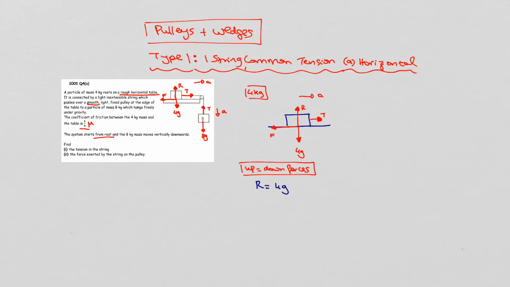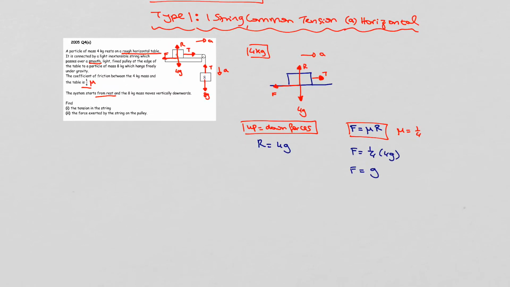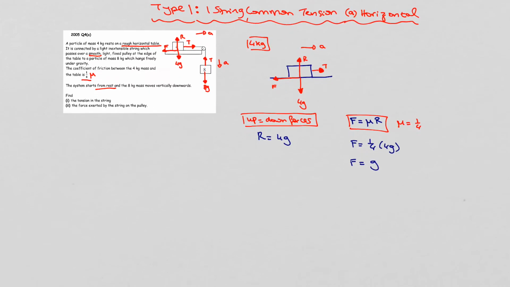Now we know that friction F is equal to mu R, and mu we're told is 1/4. So therefore F must equal 1/4 times 4g, so F must equal g. So now if we're looking at our left equals our right forces, or in other words, F equals ma, and we're looking at our net forces.